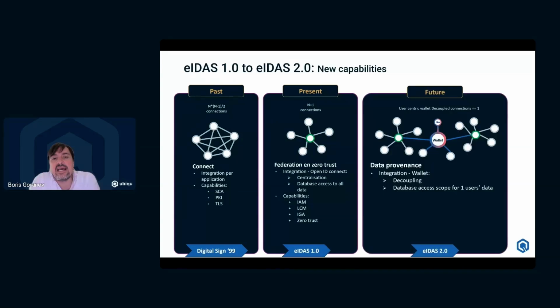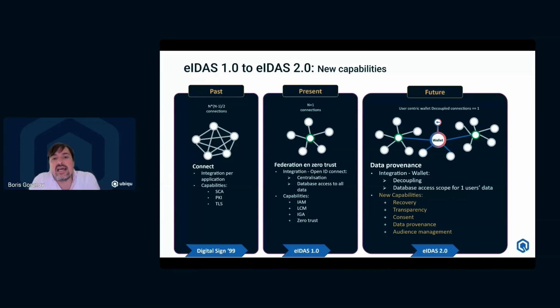Now, with the wallet, we are decoupling the issuers from the verifiers. So that means that I myself transport my data, and that means that the scope of the data exchange is one. But now we get new capabilities that we previously didn't have. The first thing is, because I have my wallet, I also want to be able to recover my wallet.